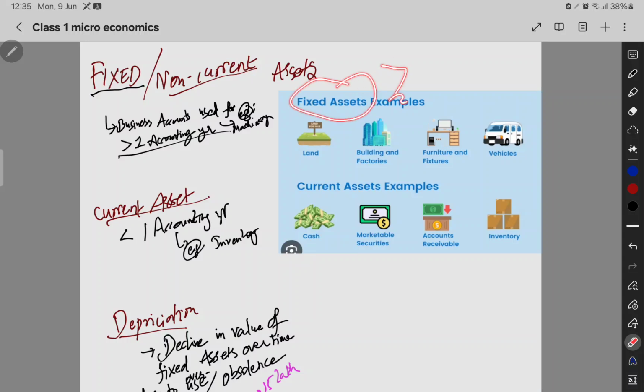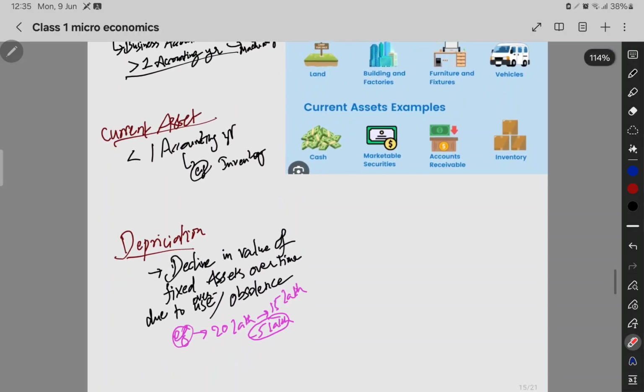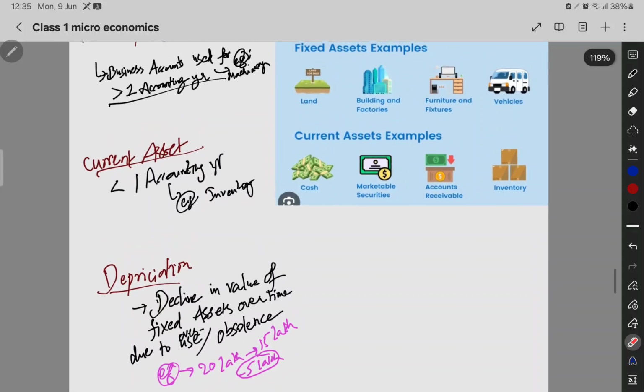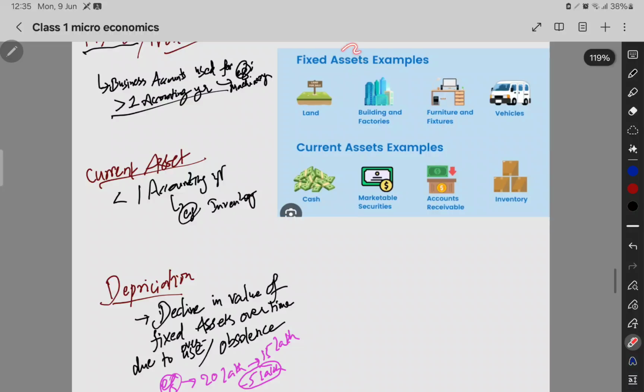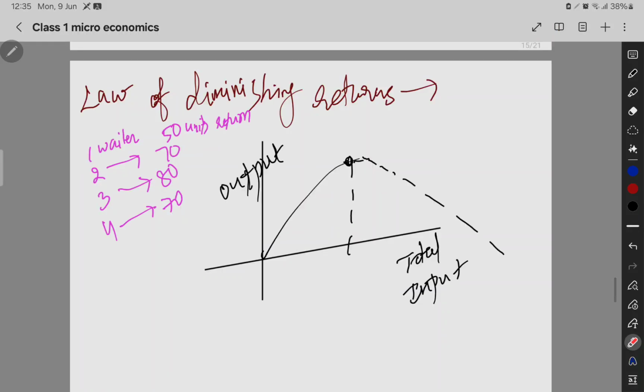Fixed assets last more than one accounting year, and current assets less than one accounting year. And what is depreciation? Depreciation is nothing but the decline in the value of fixed assets due to overuse or obsolescence. That is depreciation of fixed assets.